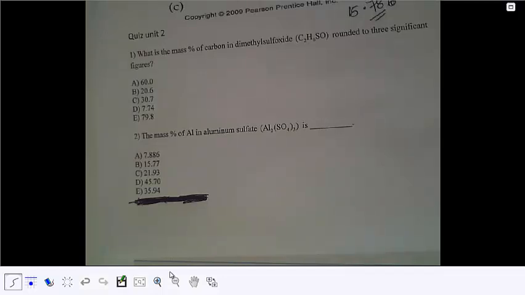The second question asks for the percentage of aluminium by mass in aluminium sulfate. Once again, the formula is given. One of these answers must be selected and submitted. You will be immediately notified if your answer is correct.